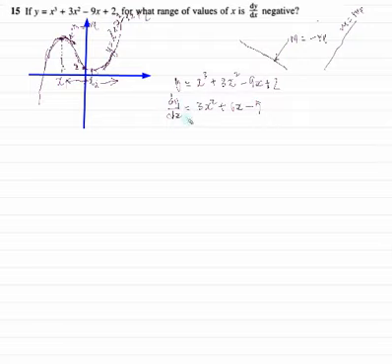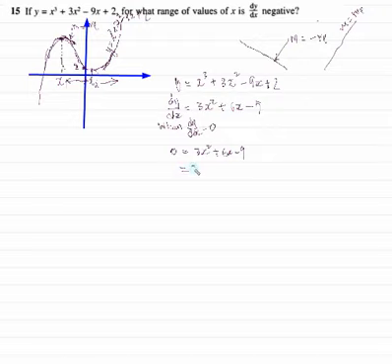Now we want to find x1 at the maximum turning point and x2 at the minimum turning point. At these turning points, dy/dx is 0. So when dy/dx equals 0, we have 0 equals 3x squared plus 6x minus 9.